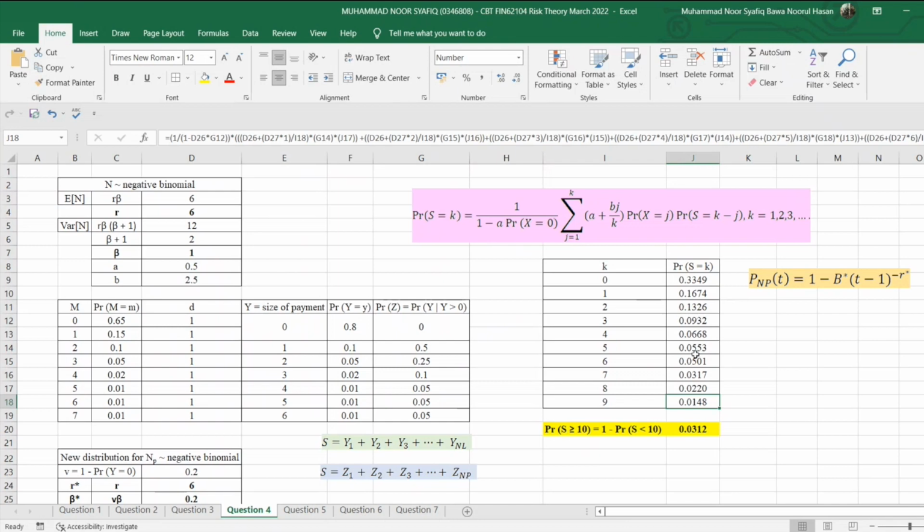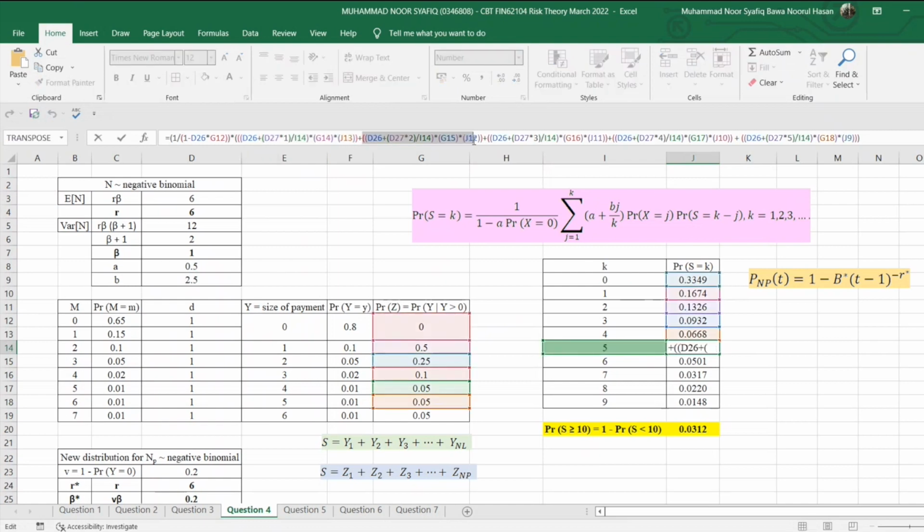Okay, let's say for 5, we will have k equal to 5. So our j is equal to 1 until 5. So later in our formula, we will have 5 different summations, as we can see in the formula tab here. So 5 different summations because our j will move from j equals to 1 until the value of 5.